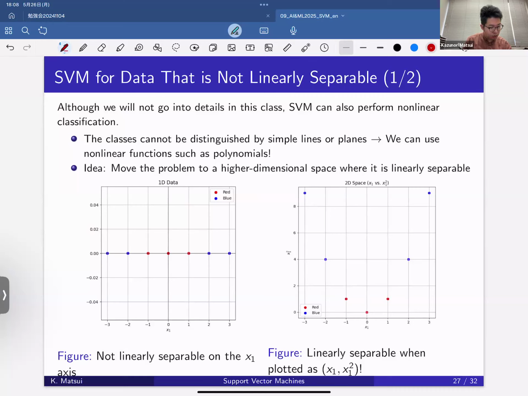The idea is, first, this is non-linearly separable. This data is not linearly separable.